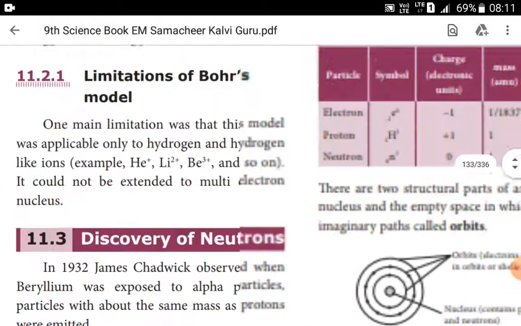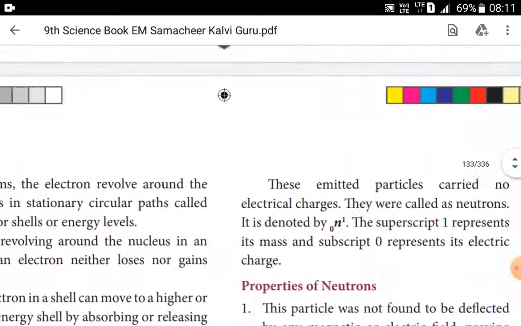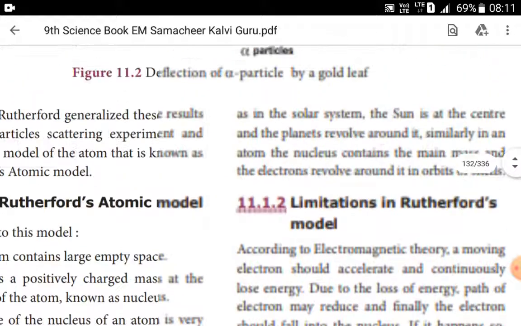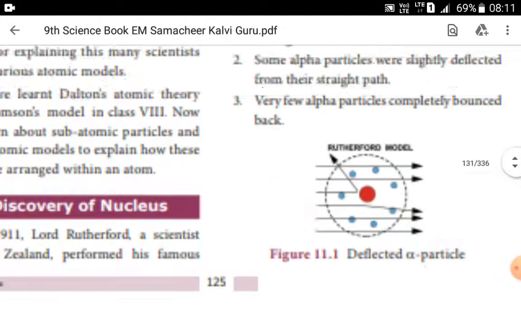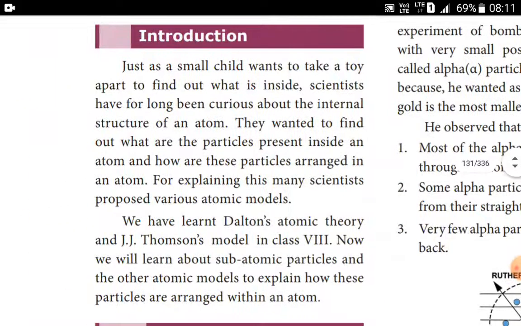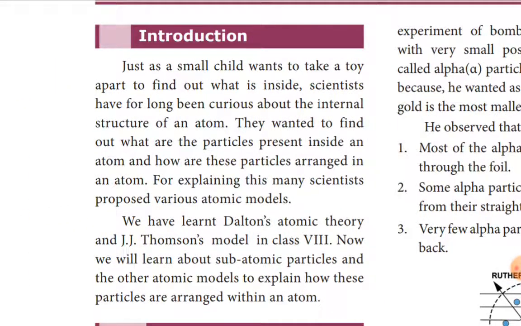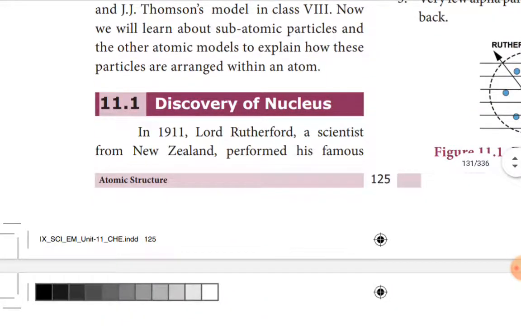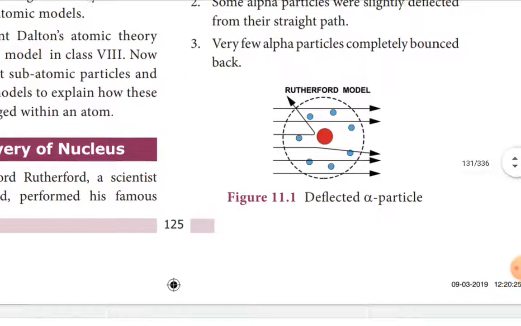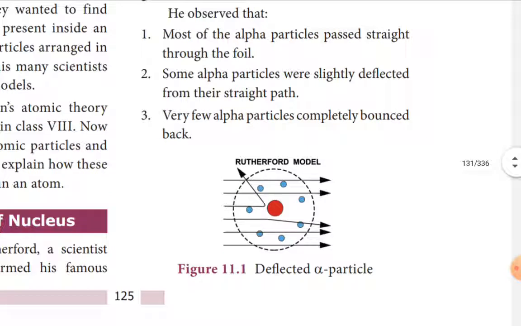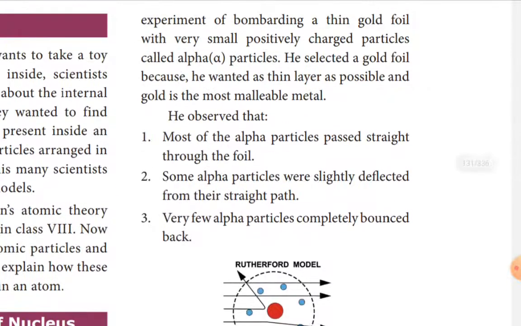So far we have discussed Dalton's atomic theory, the indivisible atom. Then J.J. Thomson, which you already learned in the 8th standard, and the discovery of the nucleus by Lord Rutherford, who bombarded thin gold foil using alpha particles.